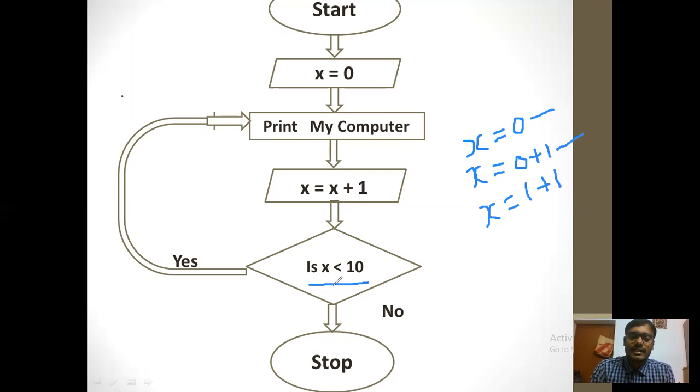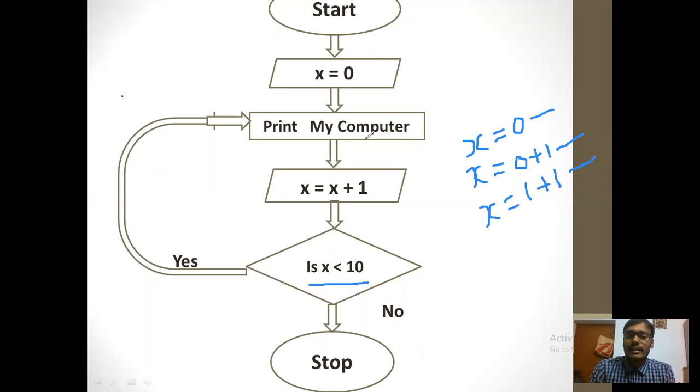So it will again check the condition: is x smaller than 10? Yes, the condition is true, because the value of x is 2, and 2 is less than 10. Again, it will go to the print part of the program and print "my computer".